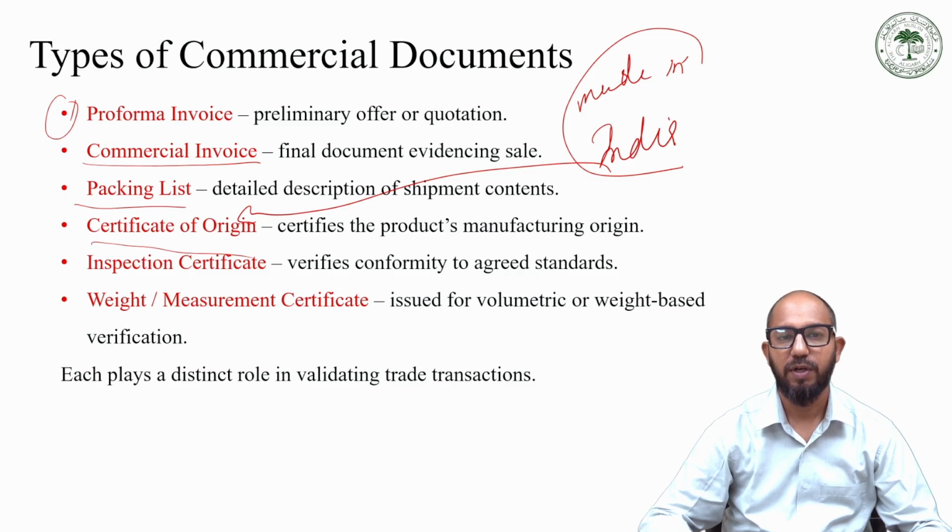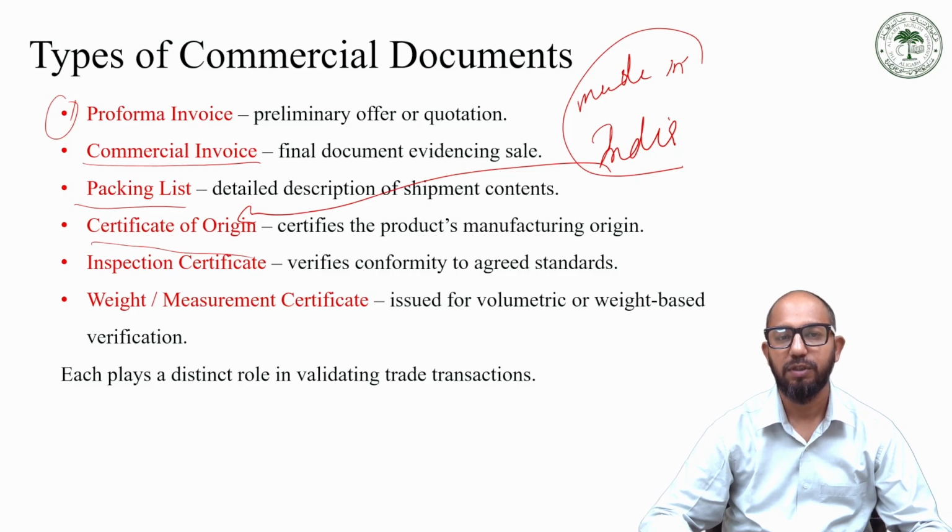At times, when two countries are having some bilateral trade agreements or preferential trade agreements, they give relaxation and subsidies to countries participating in preferential agreements. Therefore, the goods originating from one country need to be verified, and that is what is done by the certificate of origin.